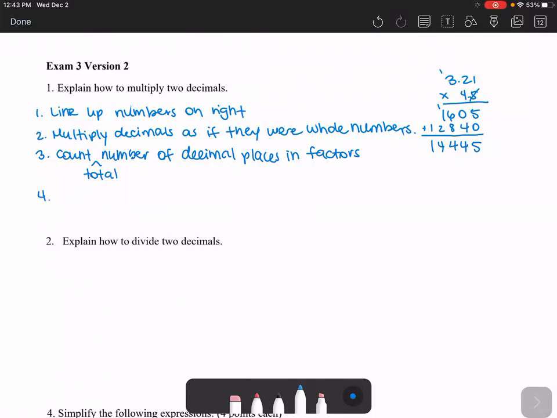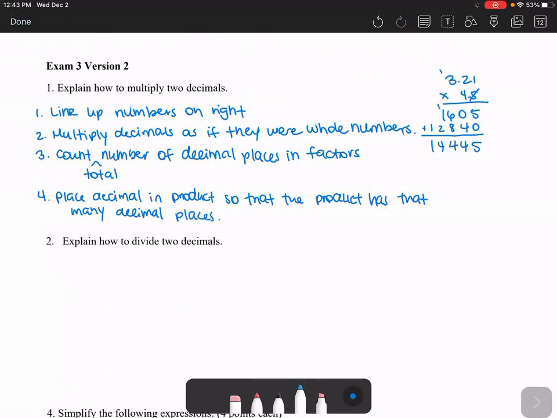And then we're going to place the decimal in the product so that the product has that many decimal places.